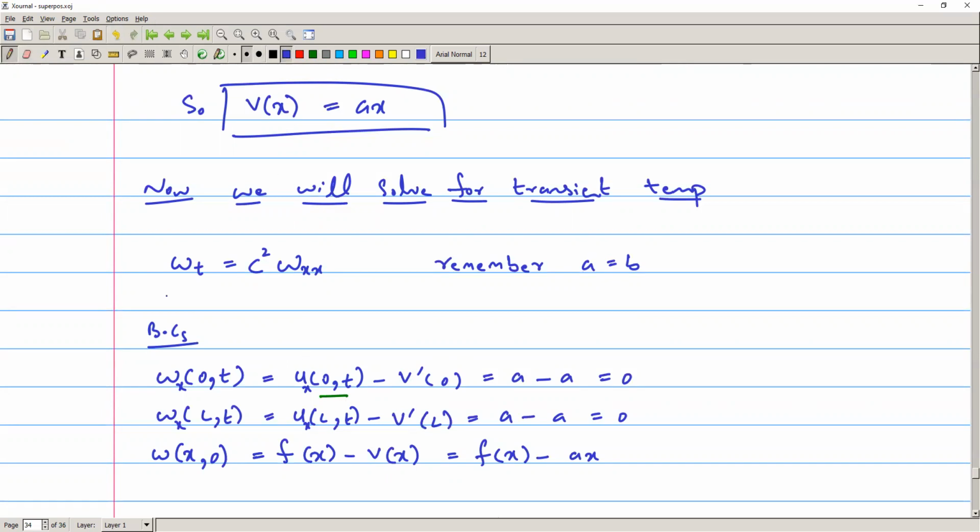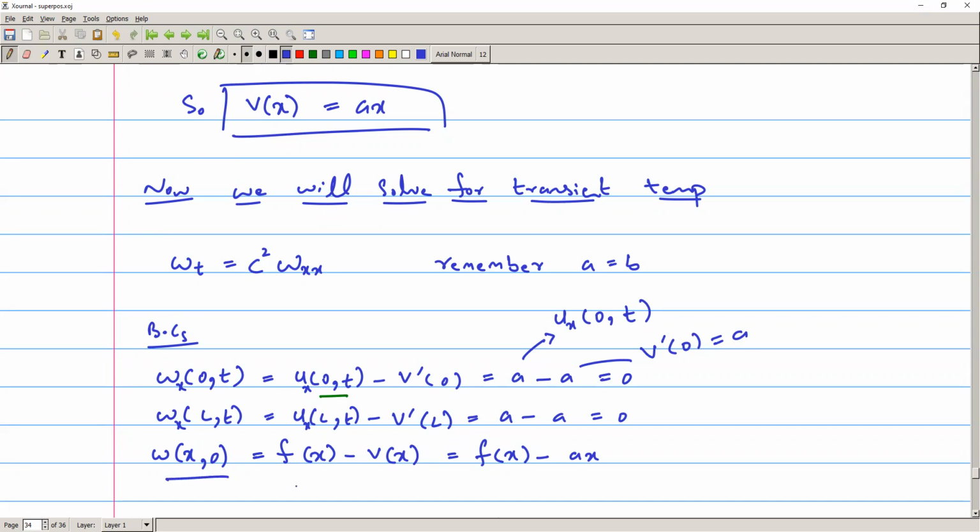So here we can see that Ux of 0 comma t minus V prime of 0, that is Ux of 0 comma t, is given as A. And we know that V prime of 0 is also equal to A, right? So A minus A will be 0, and again Wx of L comma t is equal to Ux of L comma t minus V prime of L. Again, this is A minus A, so it will be 0, right?